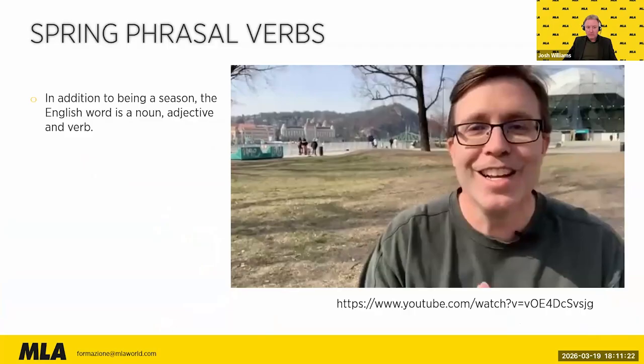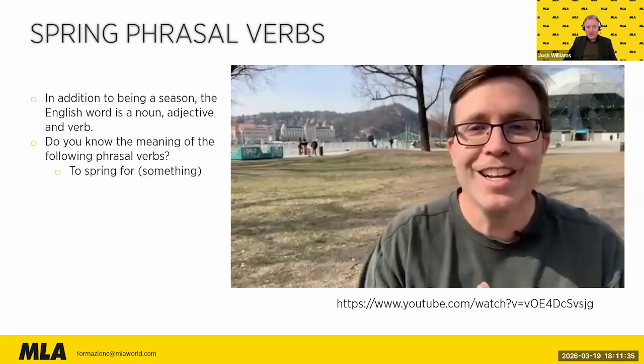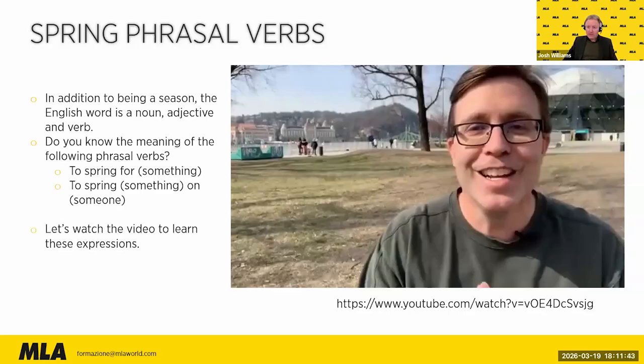And as I said, it sort of refers to also the noun, the adjective, verb, spring. Let us know in the chat too if you're familiar with any phrasal verbs that have the word spring in them. Okay. In this, we have to spring for something, to spring something on someone. Let's have a look and we'll find out what these expressions mean.